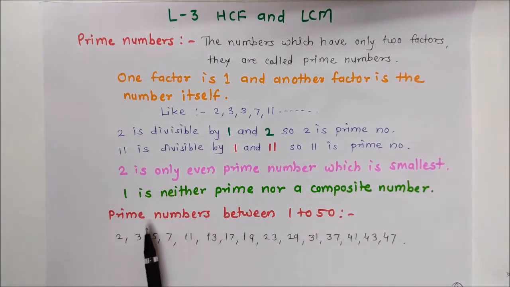The prime numbers between 1 to 50 are 2, 3, 5, 7, 11, 13, 17, 19, 23, 29. There are so many prime numbers, and each has the factors 1 and itself. That's why these numbers are called prime numbers.